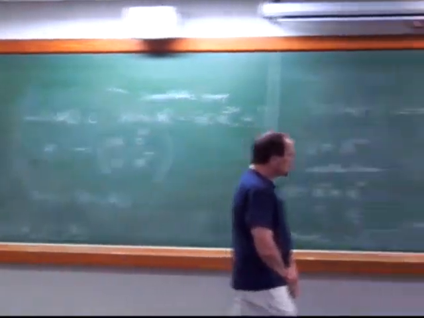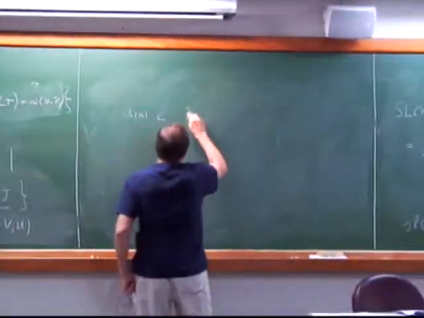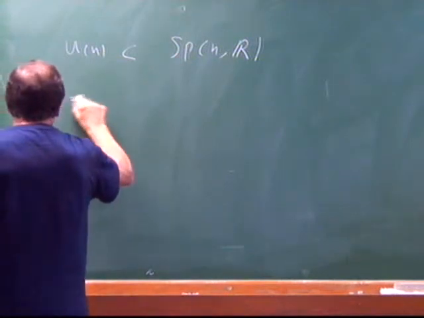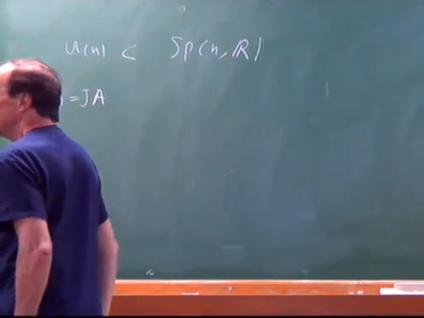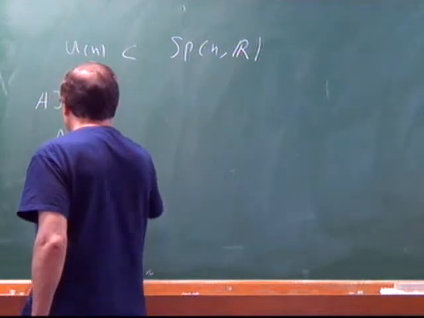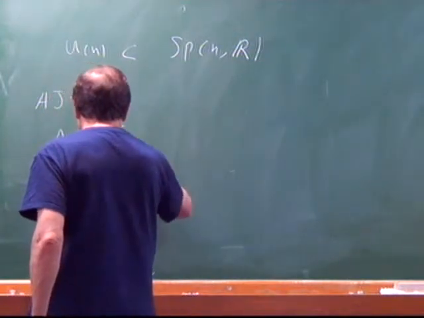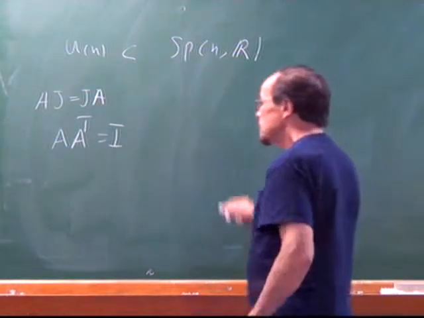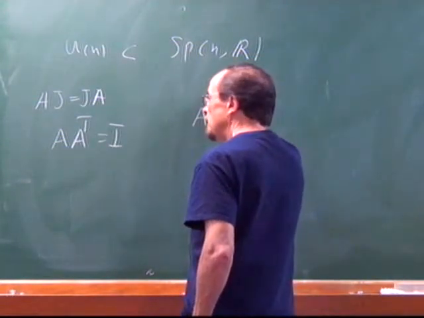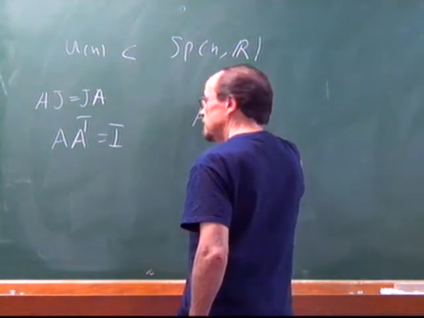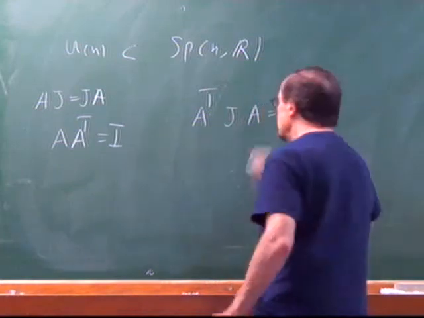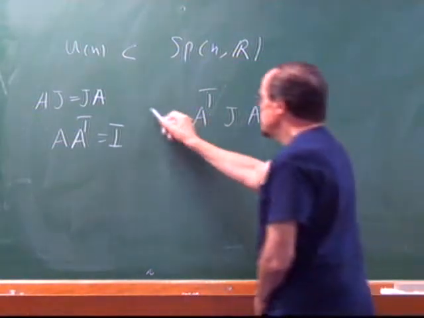So UN was defined as AJ equal to JA and orthogonal. Right, that's the left hand side. And on the right hand side, I just have A transpose JA equal to J. So does this imply this?